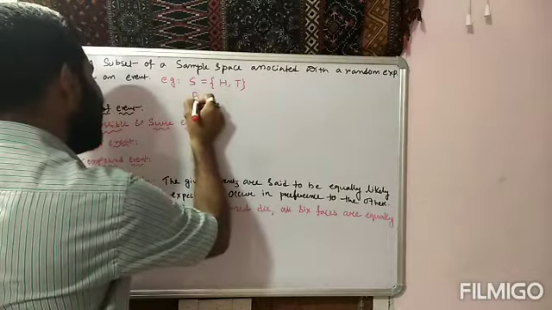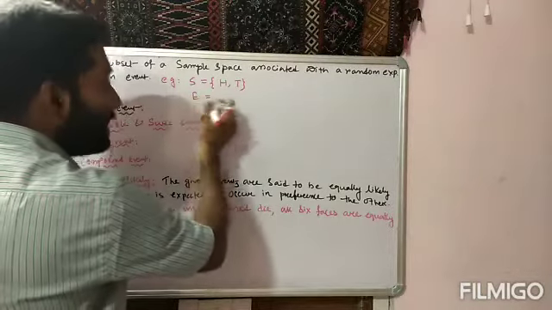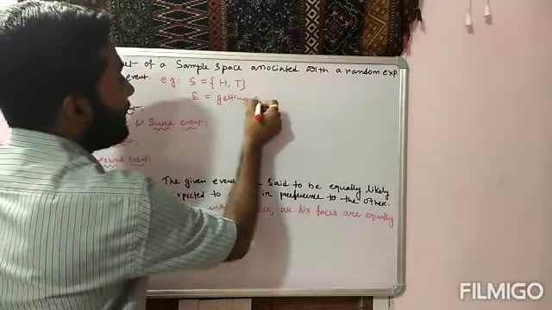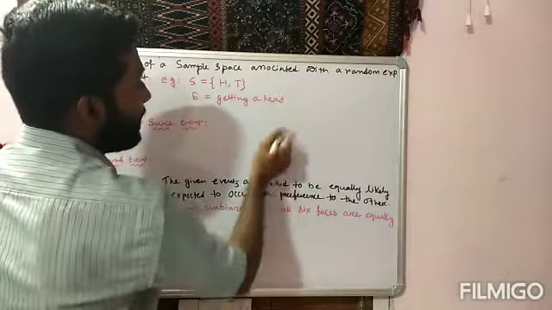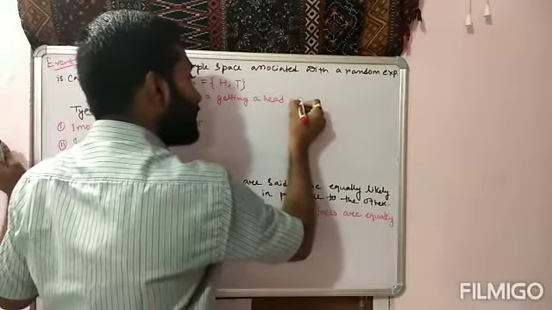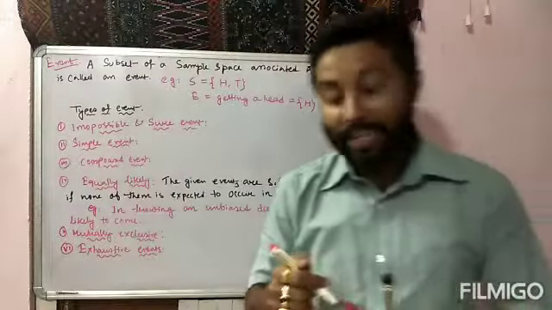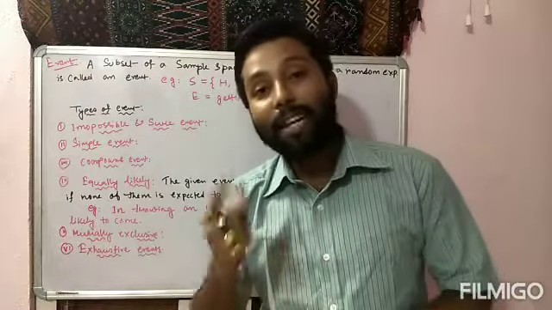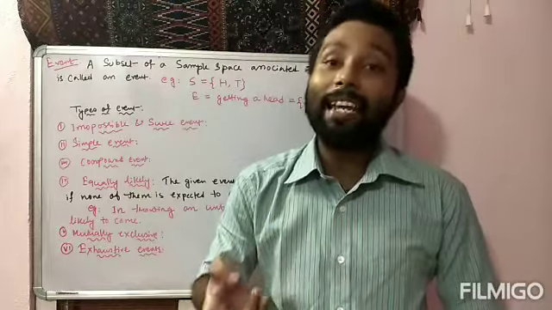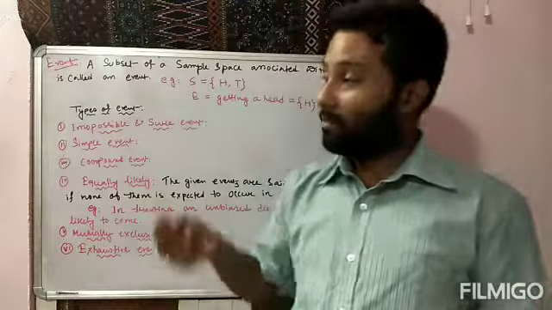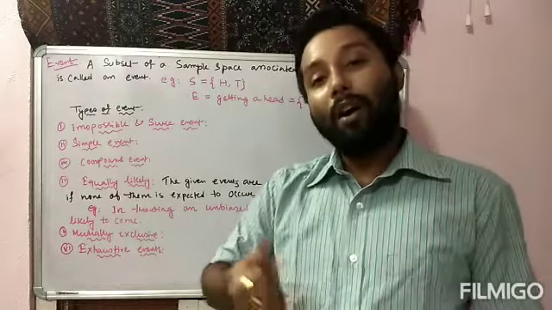Let E be the event getting a head. So getting a head मतलब एक कॉइन को अगर एक बार टॉस करना है तो एक ही बार हेड गिरने का चांस है, बिकॉज एक कॉइन में दो ही फेस होता है, आइदर हेड और टेल होता है. तो कॉइन जब टॉस करना है तो आउटकम आइदर हेड होगा और टेल होगा.